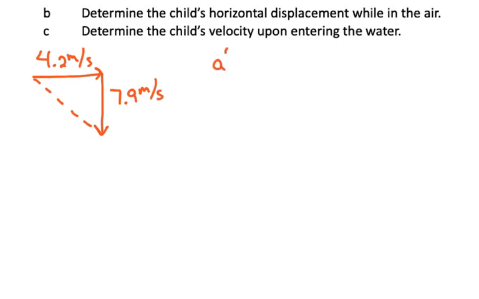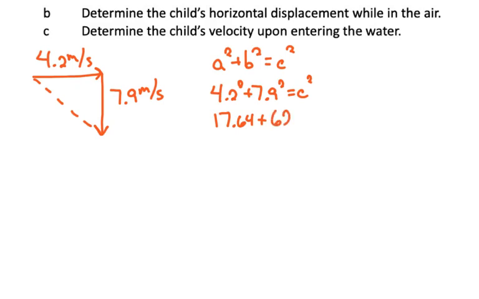So Pythagorean theorem, with it being a right triangle, we'll call 4.2 a and 7.9 b. 4.2 squared is 17.64. 7.9 squared is 62.41.